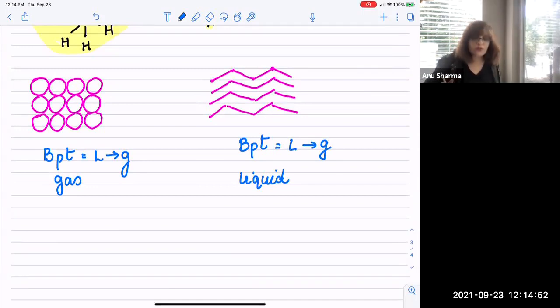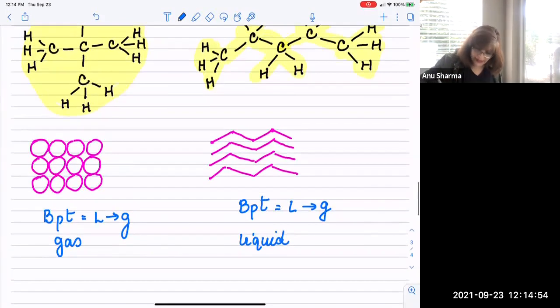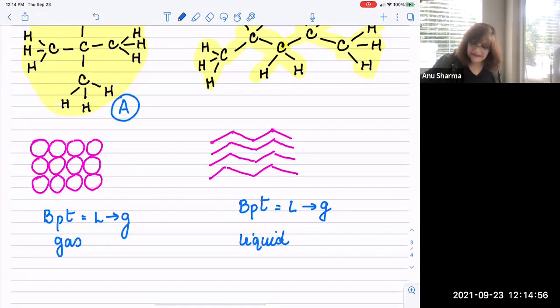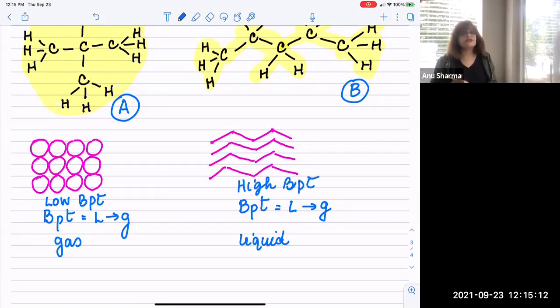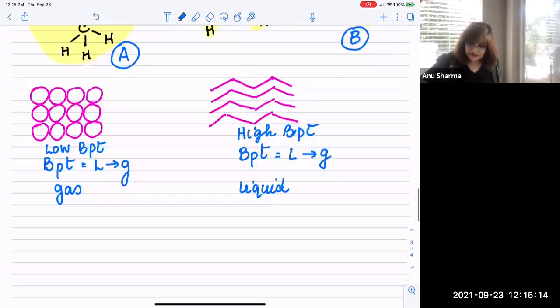So the first one, the molecule A, is going to need less energy. Less energy means low boiling point. And the second one is going to have a higher boiling point. The way the molecules are connected to each other, is it easy to dismantle or not?